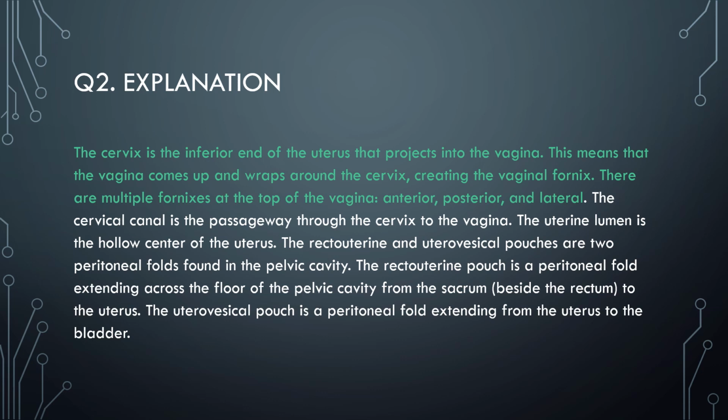The uterovesical pouch is a peritoneal fold extending from the uterus to the bladder. And you guys, you have to focus on the explanation in green color. And if you want to know the reason why the other choices are not the correct answer, you have to read the white one. Let's go to the third question.